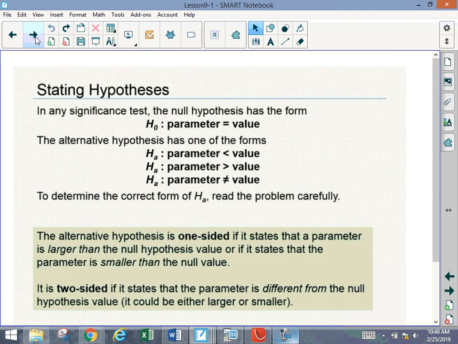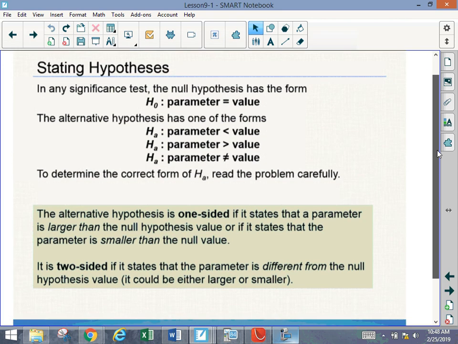All right, so these are all of the different forms that our alternative hypotheses can have. Our null hypothesis is always going to be a parameter equals some value, okay?